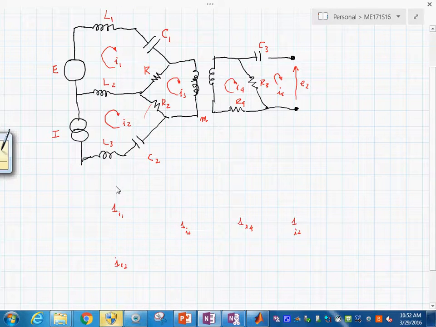So you can easily identify this one over here. Maybe we should change colors here to make it a little nicer.